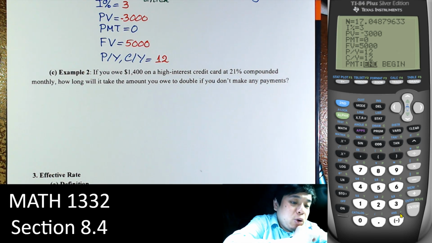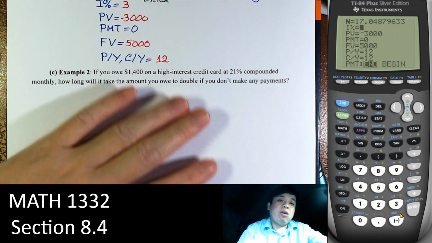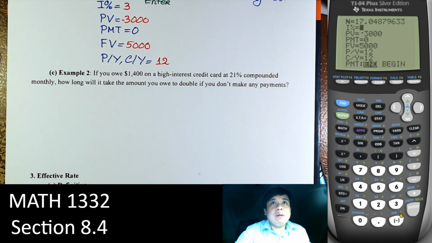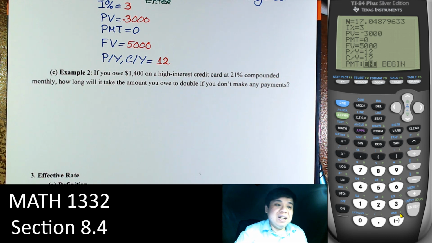Next, if you owe 1,400 on a high interest credit card, 21% compounded monthly. By the way, 21% is a typical credit card rate, but it is usually compounded daily or even shorter than that. How long will it take the amount to double if you don't make any payment?